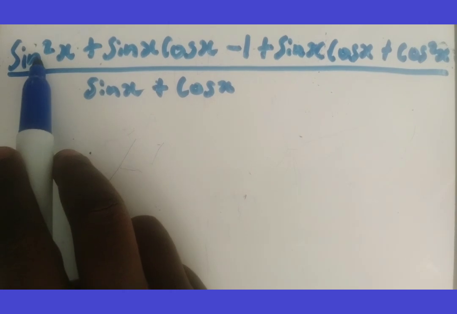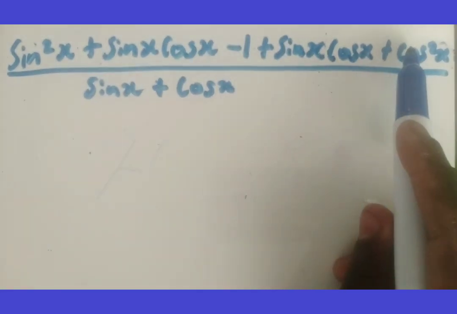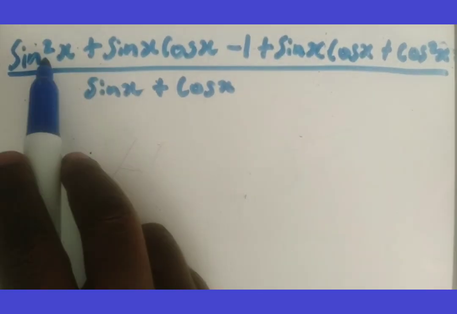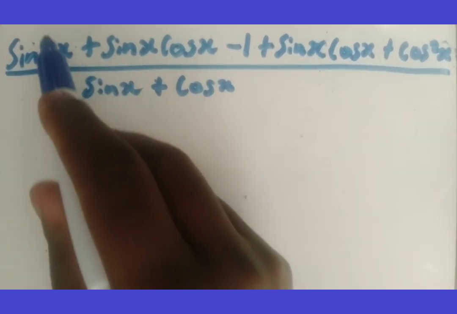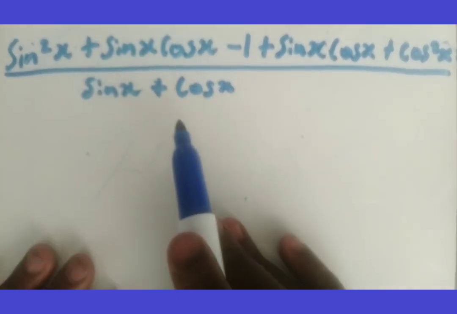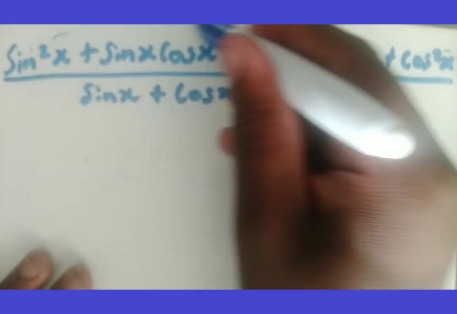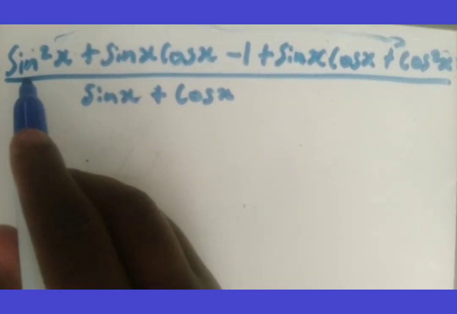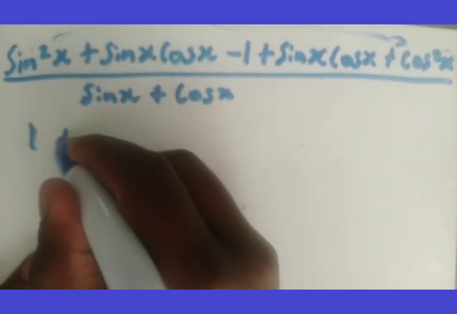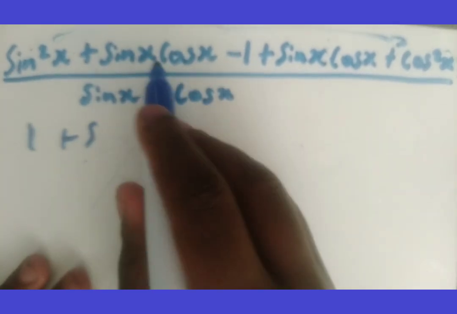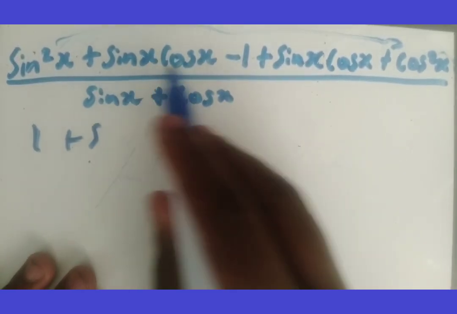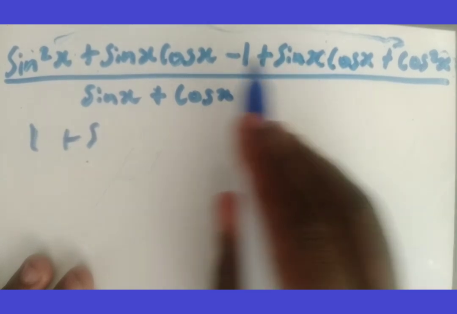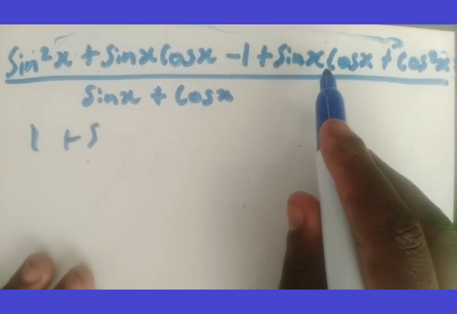And then now when we say sine squared plus cos squared, that is 1, right? You should be able to see it even though they're not close to each other. So sine squared plus cos squared is 1. So this stuff gives you 1. So then this becomes 1 plus sine x cos x plus sine x cos x, which is the same as xy plus xy, which is 2xy.